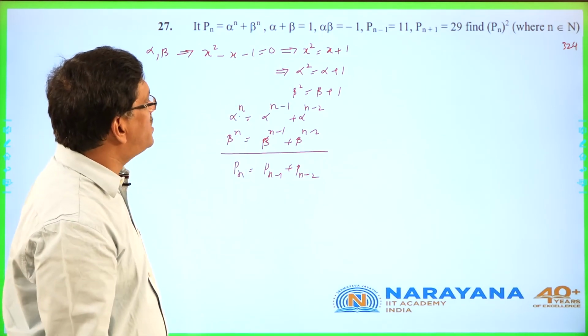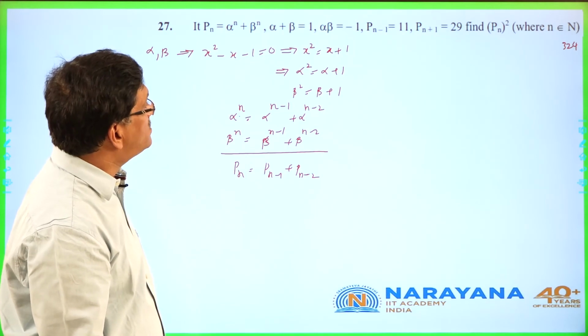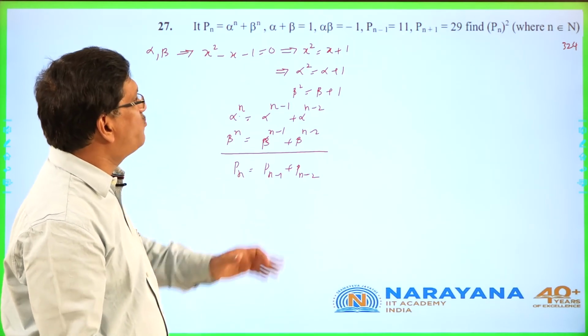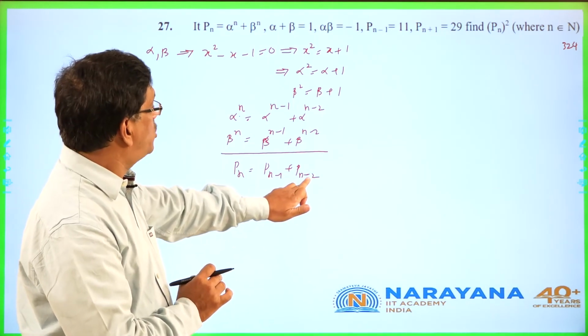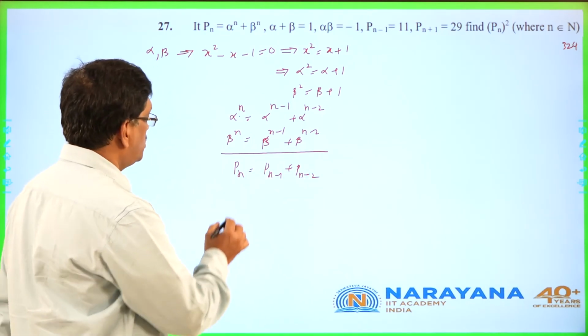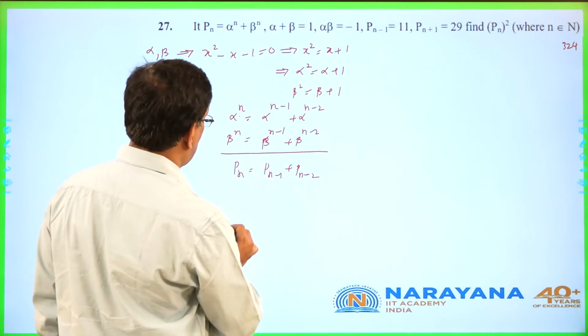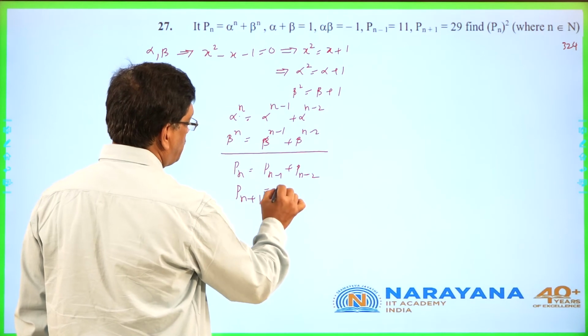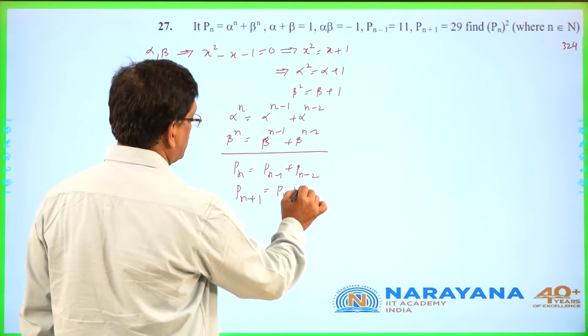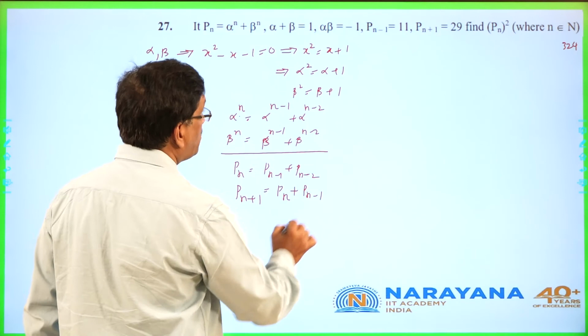Now since he has given the data n plus 1, let us replace to get those values. So wherever n minus 1, this is okay. Here I have to get n plus 1. Remember, replace n by n plus 1. If you replace n by n plus 1, Pn plus 1 equal to Pn plus Pn minus 1.